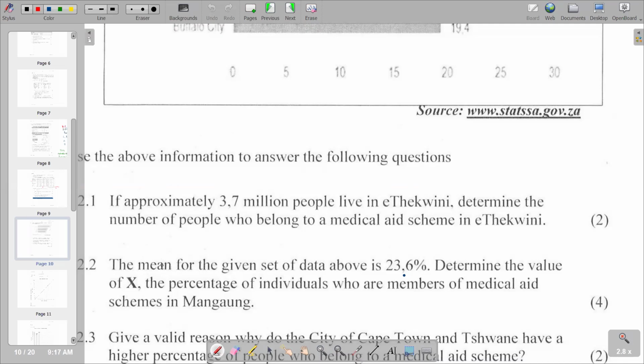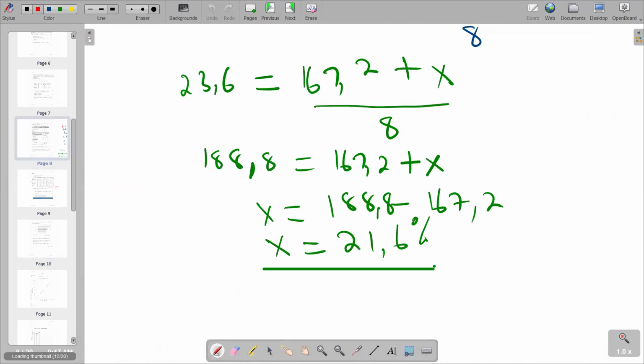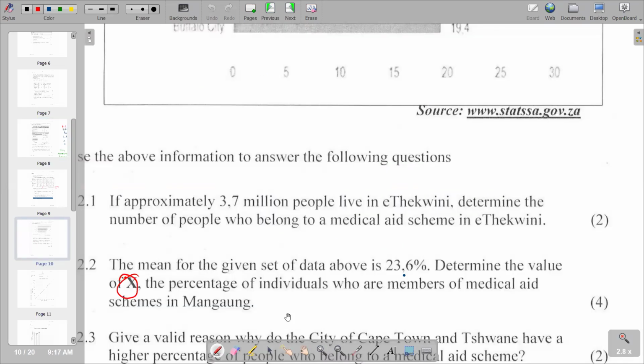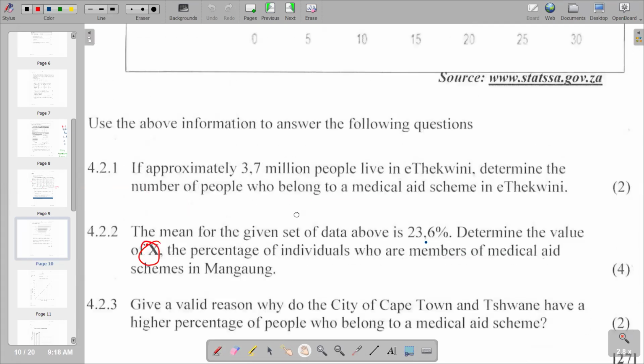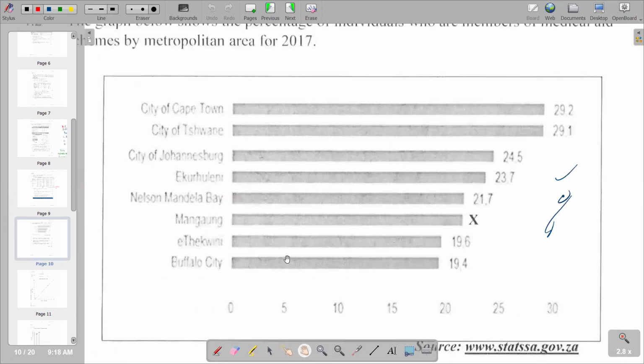So remember, the question needed us to calculate X, being the percentage of individuals who are members of medical aid schemes in Mangaung. So we have identified it to be 21.6%. So basically, that's what we have on that one. Then we move on to the last part of our question, which is now saying, give a valid reason why the City of Cape Town and Tshwane have the higher percentage of people who belong to a medical aid scheme. So we try to go back there.